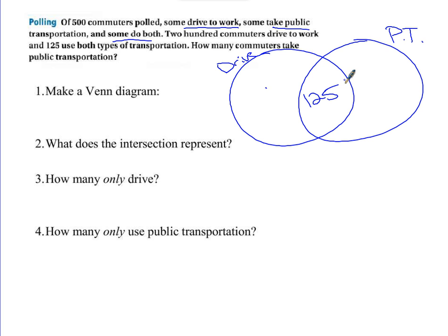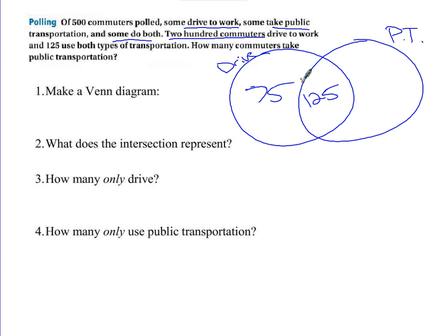So how many people are there in this circle for driving? It says 200 commuters drive to work. So that means there's 200 people in this circle. And if 125 of those 200 people are in this part, then there's 75 people over here who drive only.